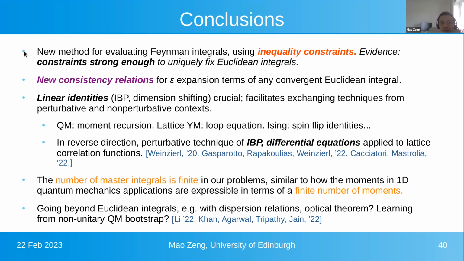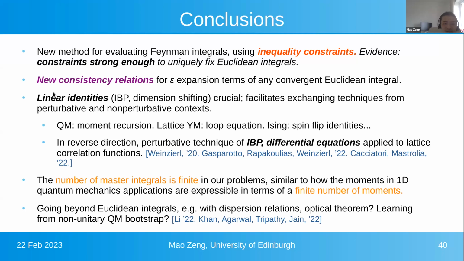Curiously, this kind of linear identities are also very useful for another method of evaluating Feynman integrals. So that's the method of differential equations. There is recent work in applying this method to non-perturbative settings like lattice correlation functions, cited here.